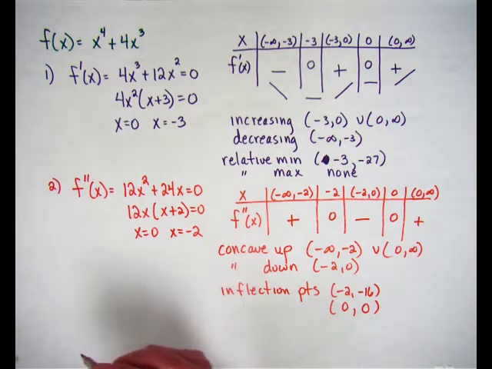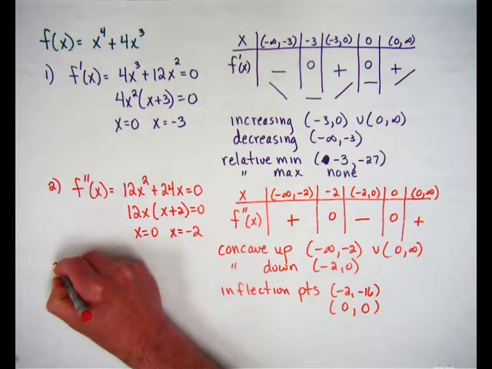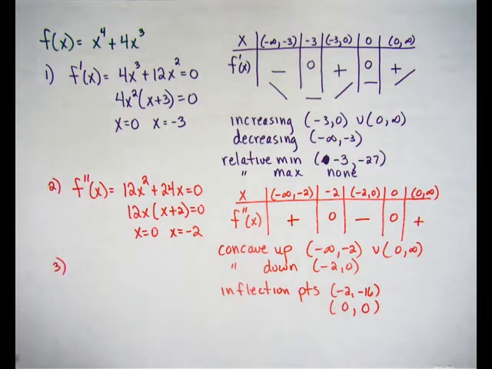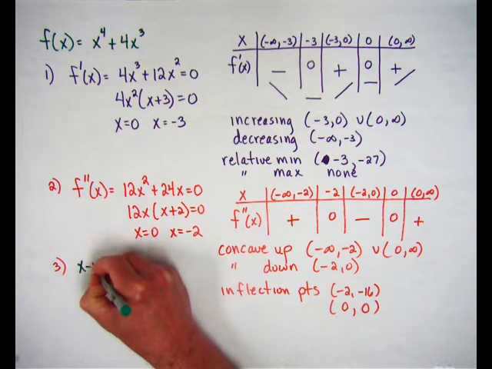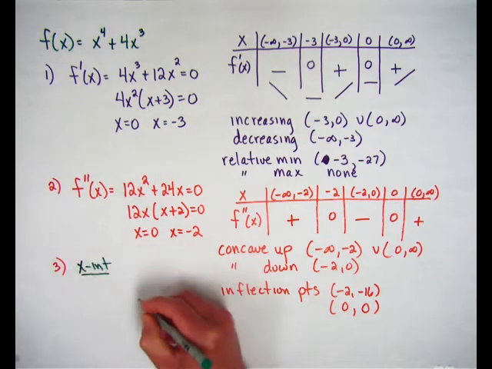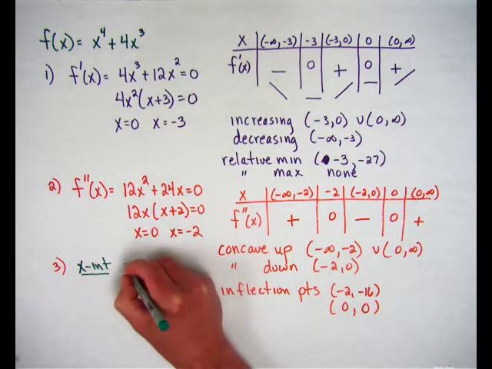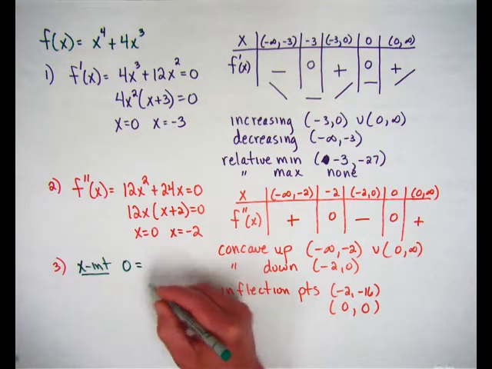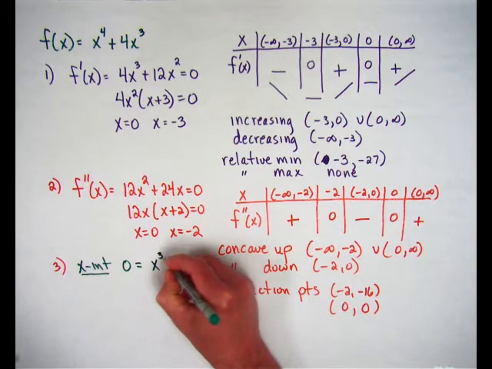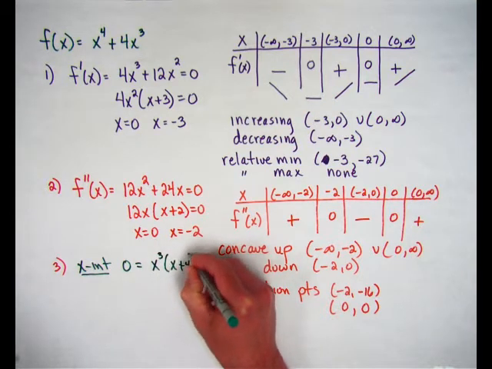The next thing we're going to do is calculate the intercepts. So we're going to calculate the x and y intercepts. So what we do there is we take our original function, f of x, and find the x-intercepts. We put 0 in for y. So 0 equals, and if you're going to find x-intercepts, you have to factor. So this is going to be x cubed times x plus 4.